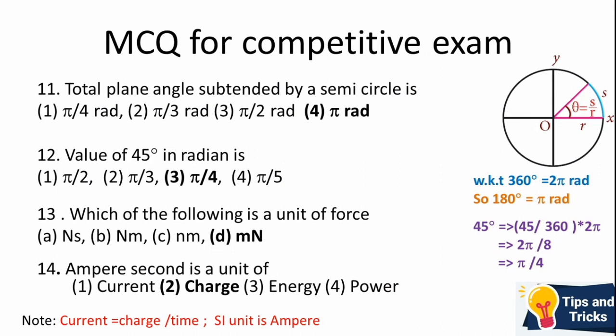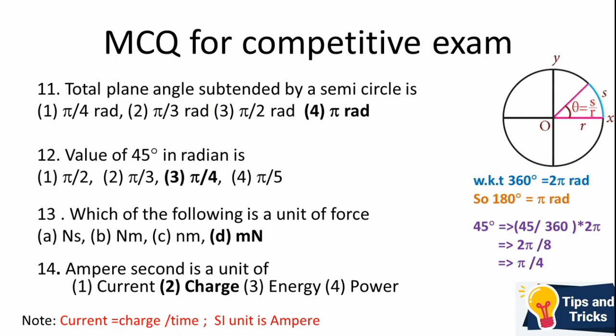Ampere second is a unit of option 1 current, option 2 charge, option 3 energy, option 4 power. The unit for current is defined by charge by time, so the unit of current is amperes.